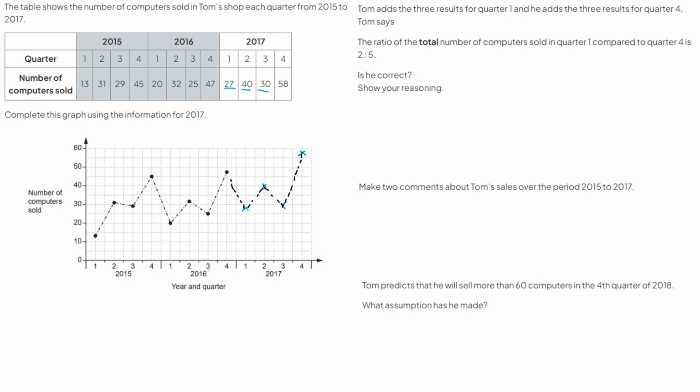So Q1 is equal to 13 plus 20 plus 27, which is equal to 60. And the sum of Q4 is equal to 45 plus 47 plus 58.